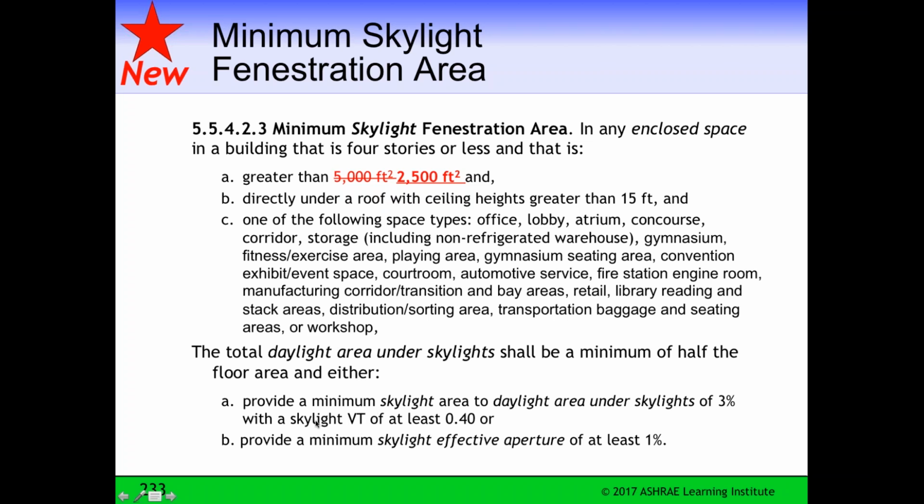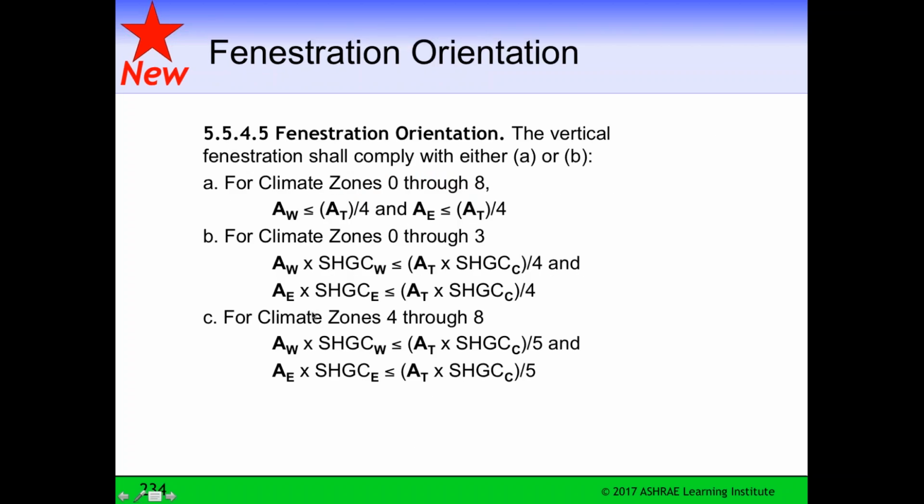And where I am in the San Francisco Bay Area, I see a lot of spaces for automobile repair, et cetera, that have such skylights and roof monitors. And it's quite prevalent. So this is a requirement in the standard. There's also a requirement that for vertical fenestration, you need to have at least as much glass facing south as you've got facing east and west.